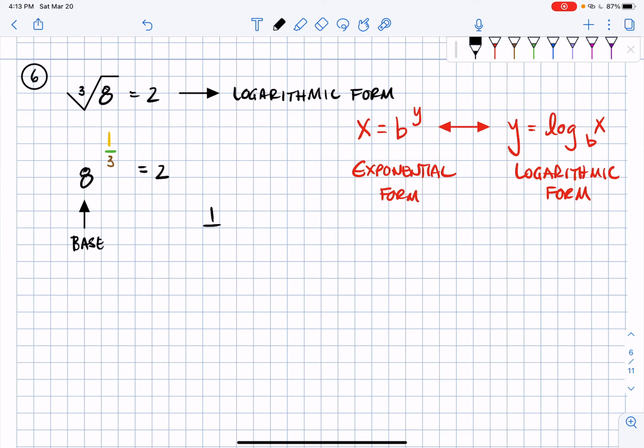Now I'm going to have 1/3 is equal to log base 8 of 2.